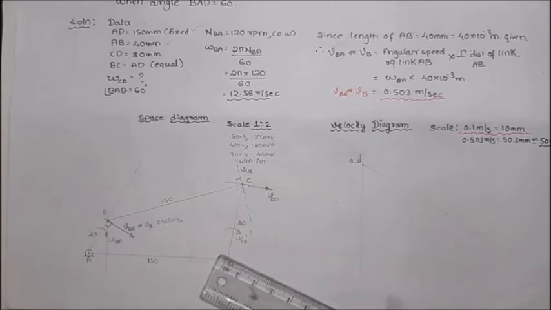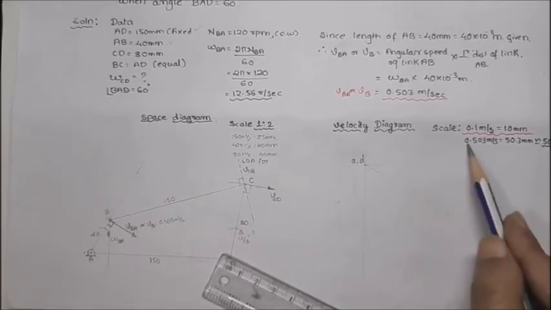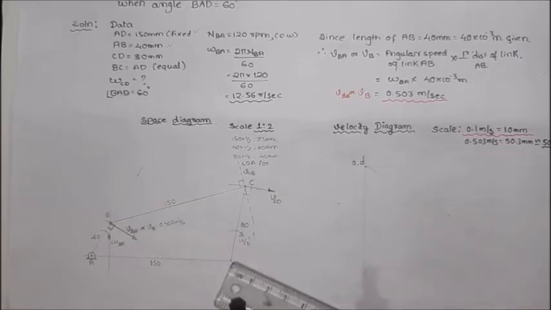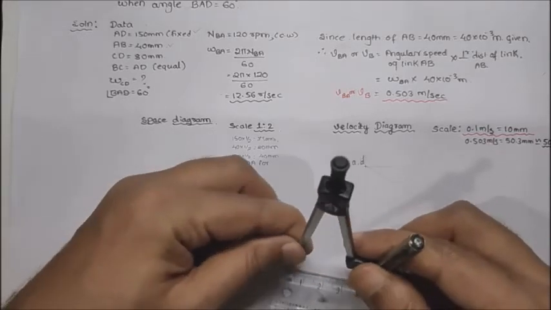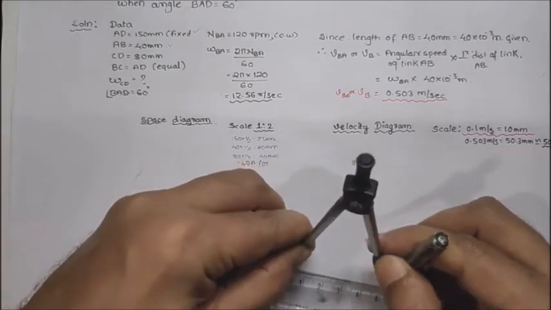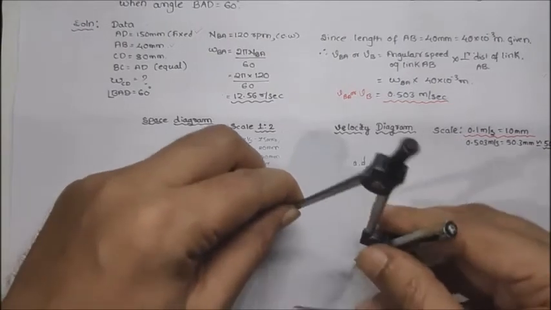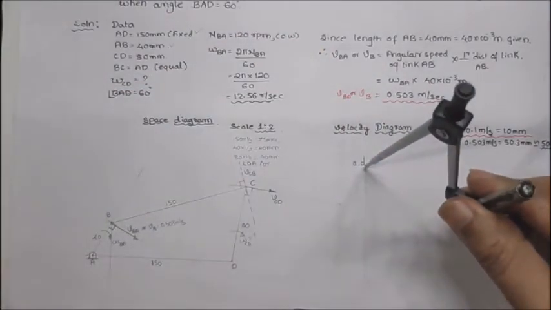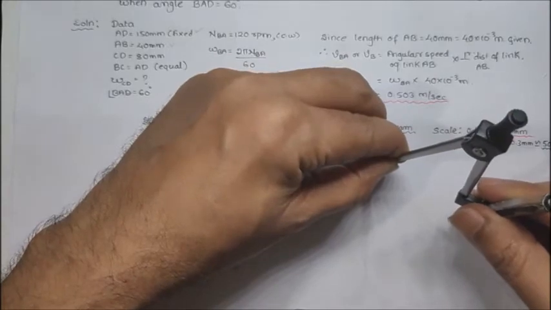Now I have to bring the magnitude. So the magnitude of this one is how much? 0.503 meter per second, that is 50 mm. So I will take a scale equal to 50 mm, keep it at point a, and cut it.